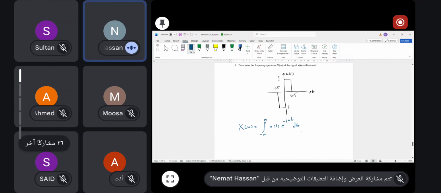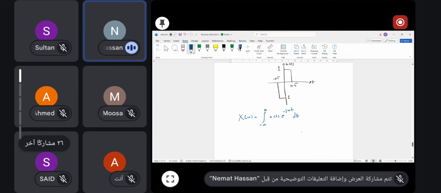So if you look here, we have two stages, right? From minus 0.5 to 0, there's a value, which is negative 1. And then from 0 to 0.5, you have a value which is positive 1. So all you have to do is apply the formula, but in parts, in two different ranges.